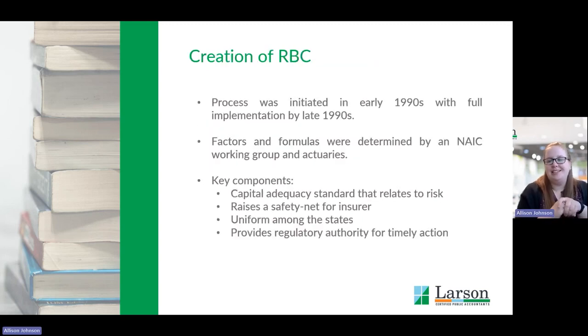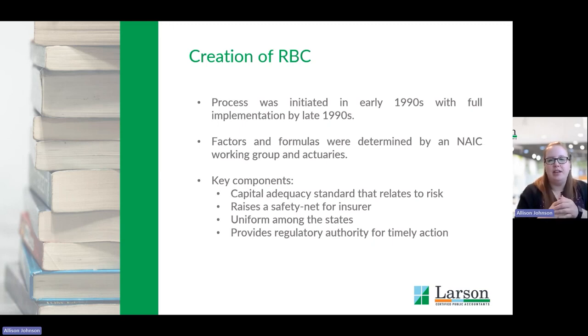Like I mentioned, in the 1990s, the NAIC created a committee to start looking at this and to create a formula. That finally was implemented in the late 90s. Some key components of this formula and what they were hoping to achieve was coming up with a calculation for capital adequacy that related to risk. It was also meant to create a safety net for the insurer. So RBC is a good guide to help see when you might be starting to be in trouble.